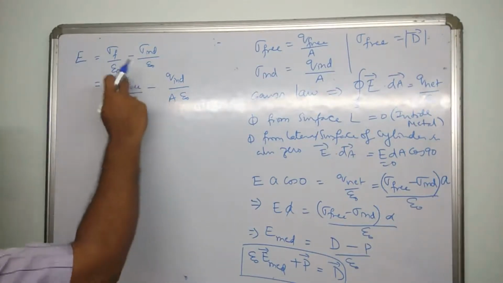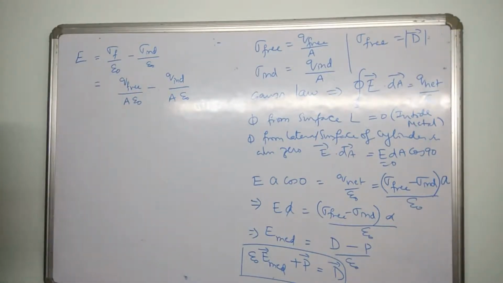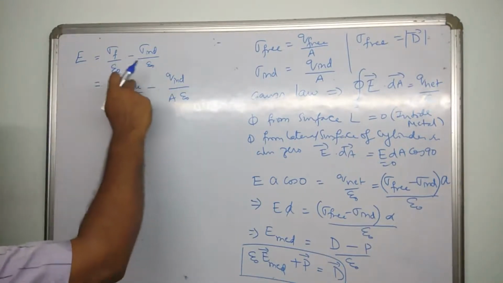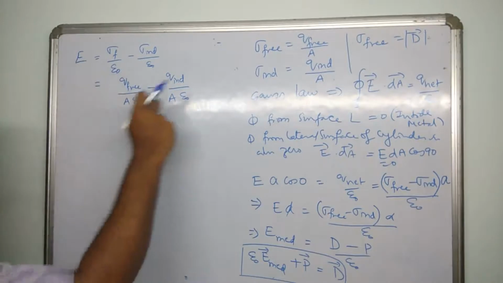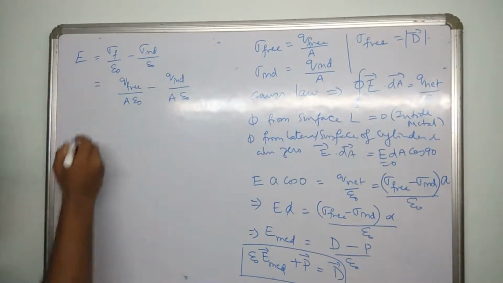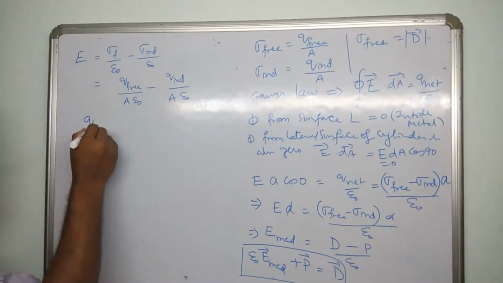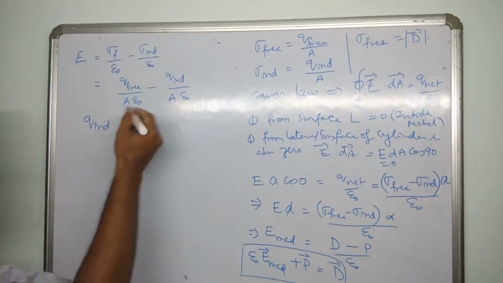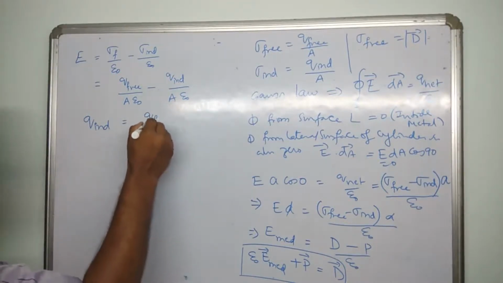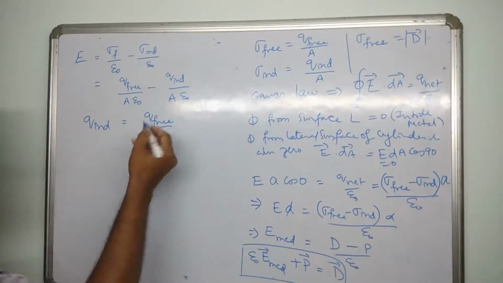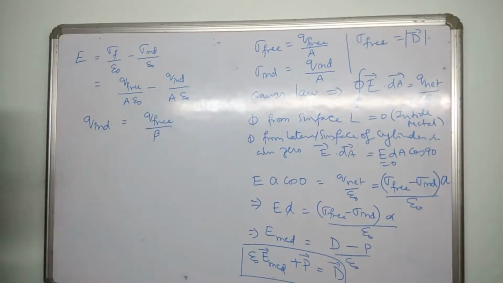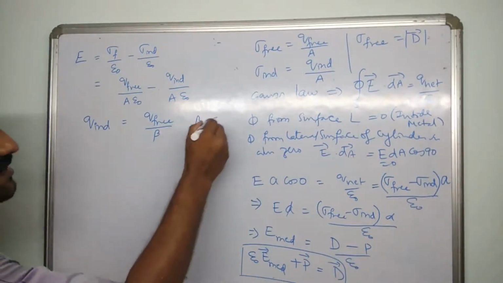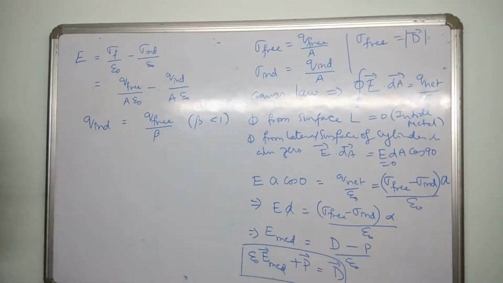Let us say if this is 100 units, it may induce a 10% charge, or a 30% charge. So some fraction of this, definitely less than this, will be induced here. So Q induced is some fraction of Q free. Q free is the total charge, and it may induce some fraction. I'll call this beta. It is a fraction, so definitely beta is less than 1.